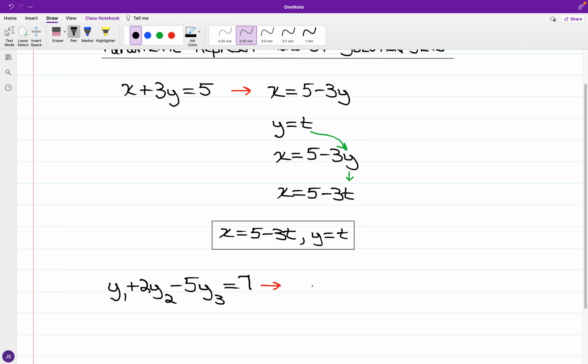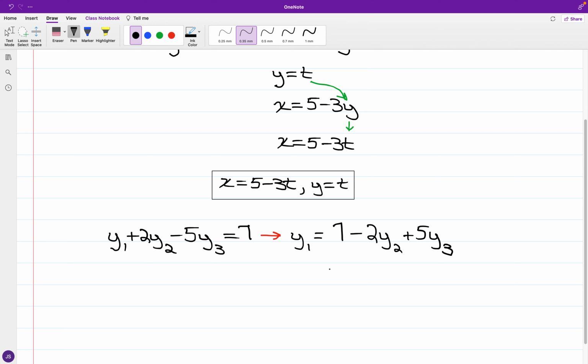So if I write this equation in terms of y1, I'm just going to move the 2y2 and the 5y3 and rewrite. So we have 7 minus 2y2 plus 5y3.